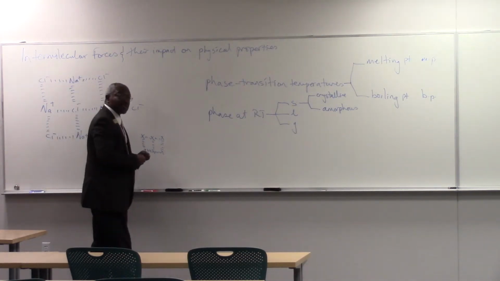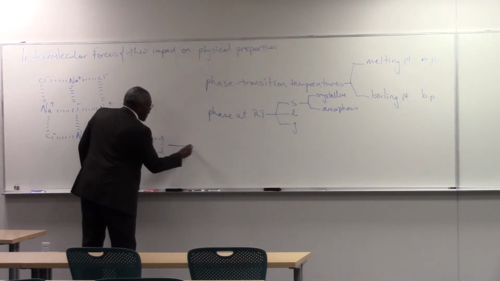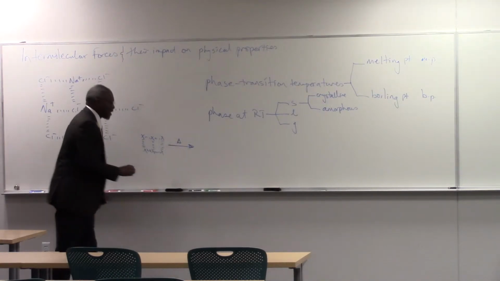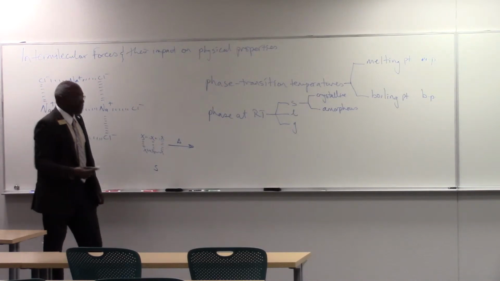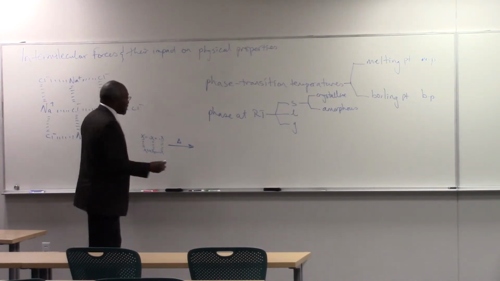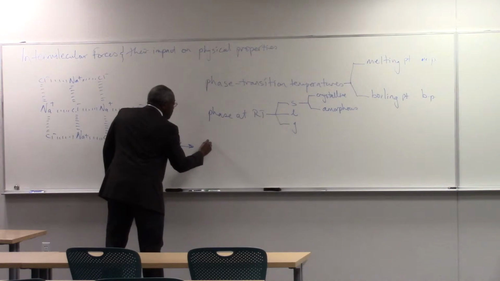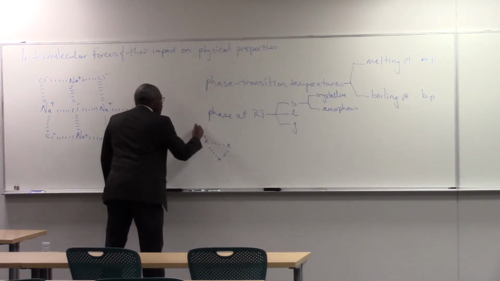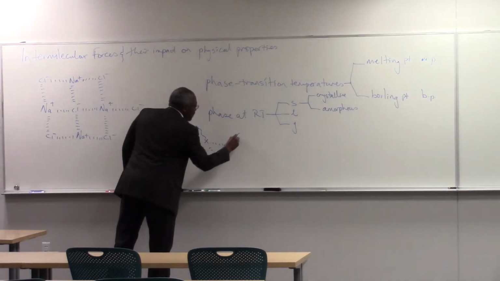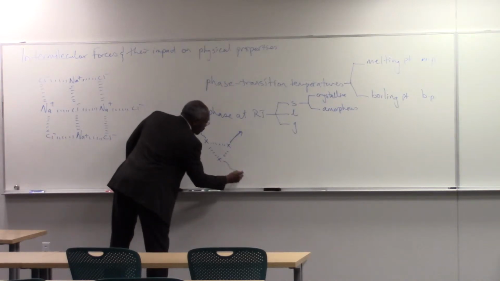Let's imagine I take the solid, and I heat it. So there's my solid, and I heat it. And you remember from your basic physical science, what that's going to do is melt it. So I'm going to end up with my X's, and there will still be some bonds between them, but now my particles are capable of more motion.